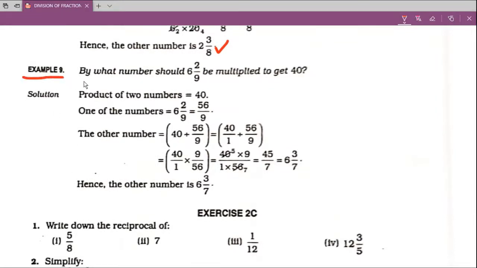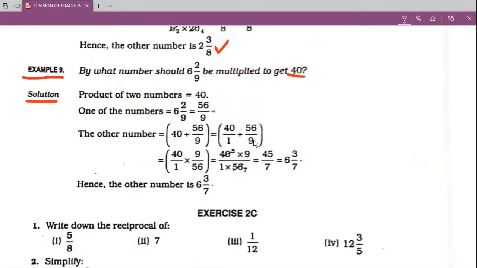Last example, example number 9. By what number should 6 whole 2 by 9 be multiplied to get 40? Solution: product of two numbers is 40. One of the numbers, 6 whole 2 by 9, is equal to 56 by 9. This mixed fraction will change into an improper fraction. The other number is equal to the product divided by the given number.